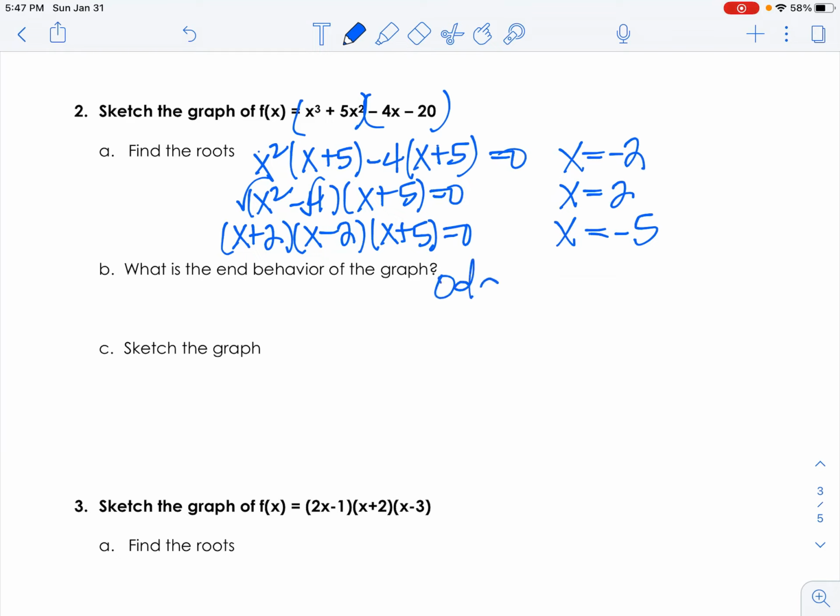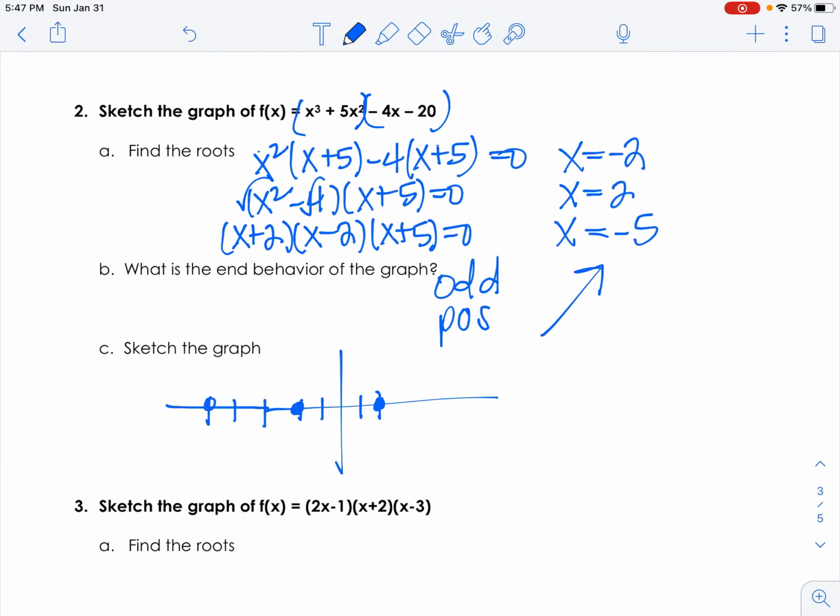Now this has an odd degree, but a positive leading coefficient, so it goes up from left to right. I know I have a 0 at -2, at positive 2, and at -5.